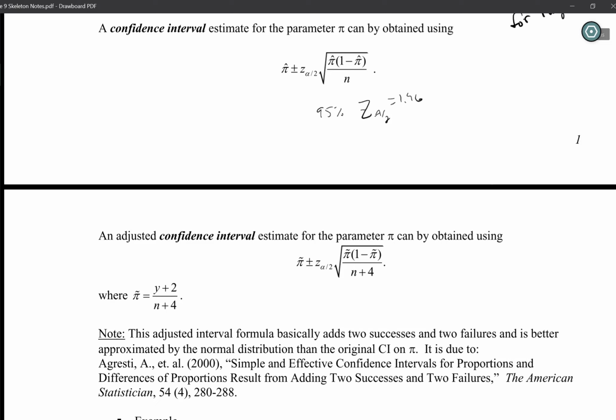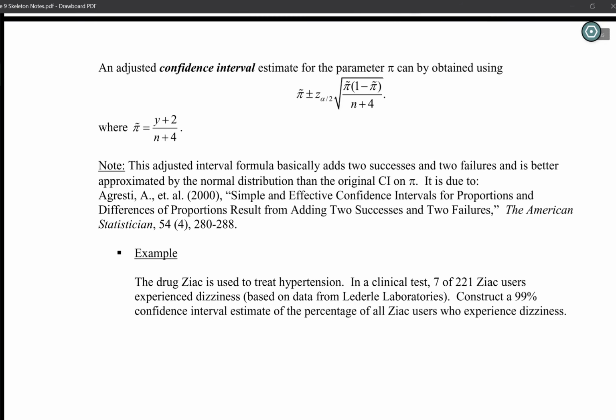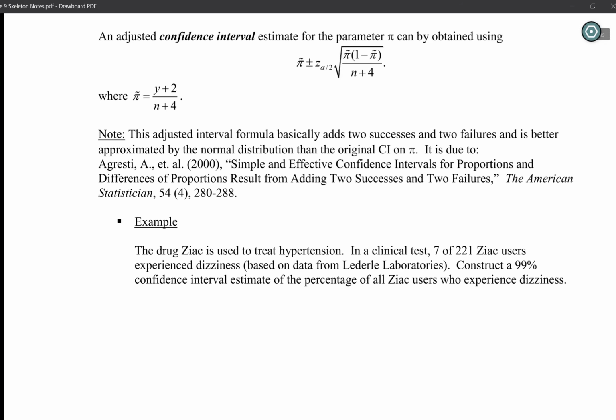But if n is small, the proportion of times this interval actually captures the underlying unknown proportion in simulation studies can be quite lower than 95%, even as low as in the 60s and so forth. And that can be a problem, and one way to remedy that is another confidence interval formula.